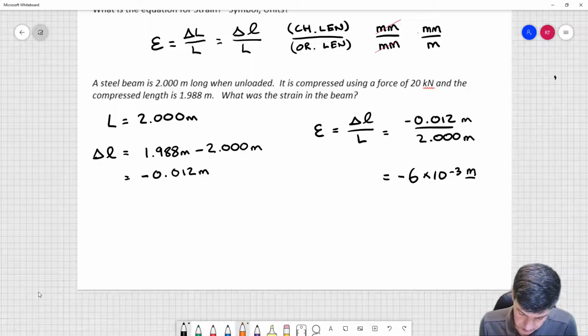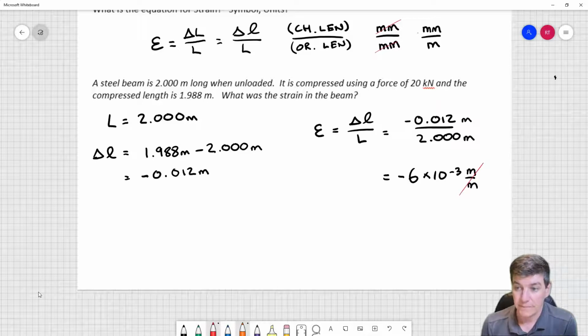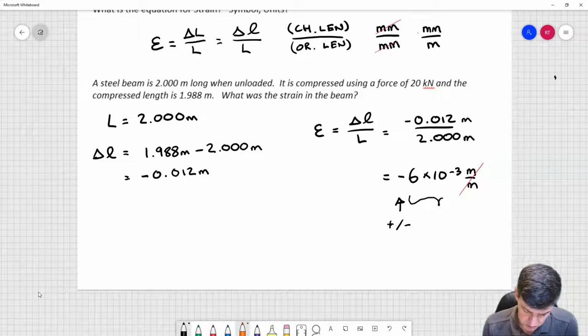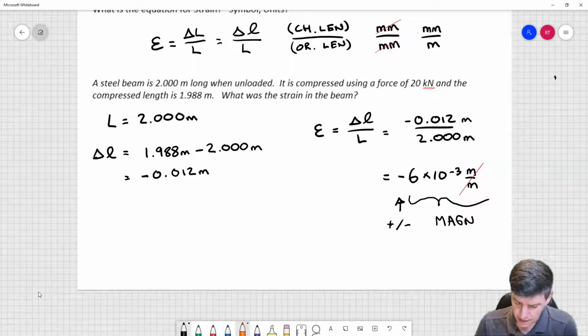And that would be meters per meter, or else, because those cancel out, just no units. Okay. The negative strain makes me think that it was compressed. Okay. But often what we really care about is just the value. So what was the magnitude of the strain? And that's going to be important for us in calculations.